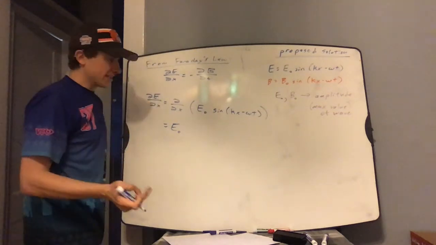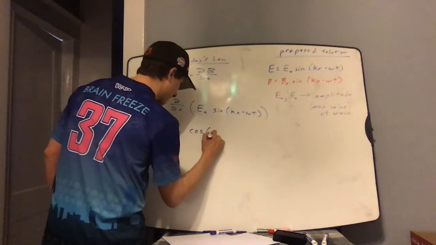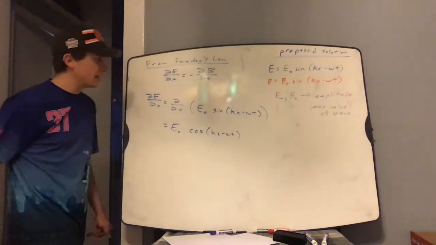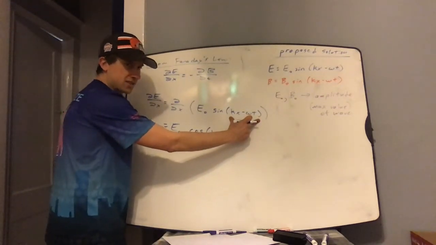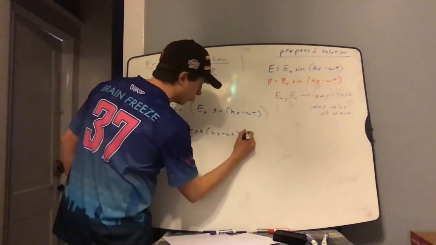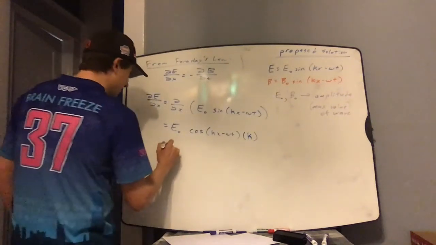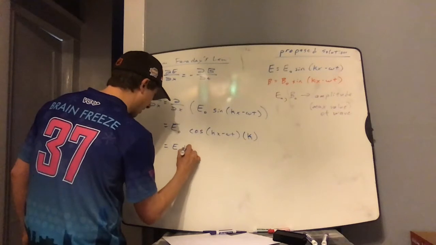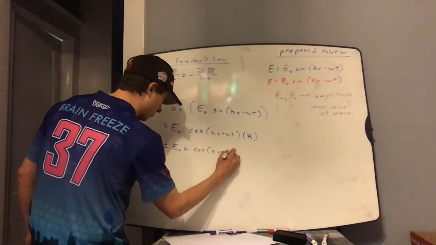The derivative of sine is cosine, so we'll have cosine of kx minus omega t, whatever's on the inside, times the derivative of the inside with respect to x. The derivative of kx minus omega t with respect to x would be just k. So dE dx is going to be E naught k cosine kx minus omega t.